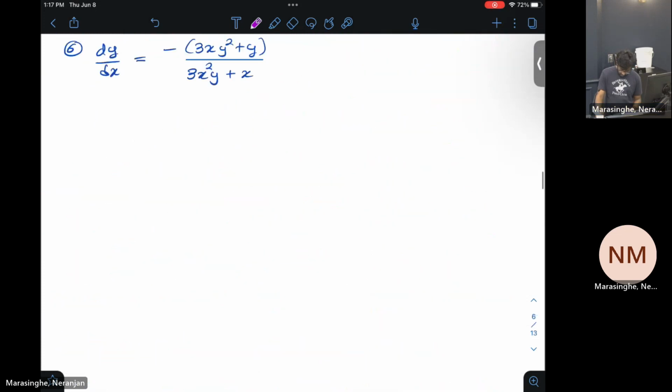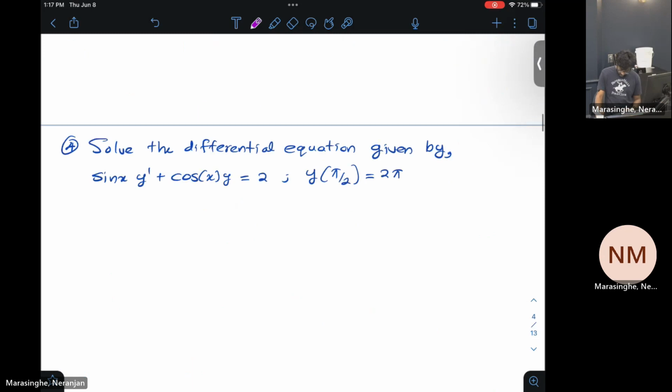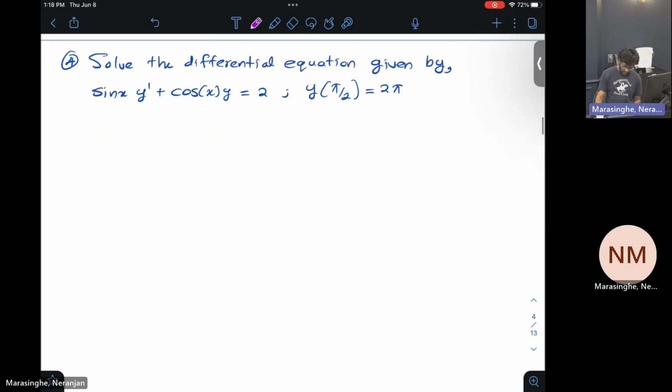So I would pick a different problem. Let's go into this one. Solve the differential equation given by this. Again, y prime is dy over dx.